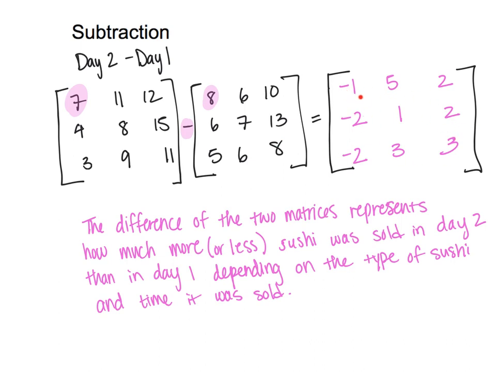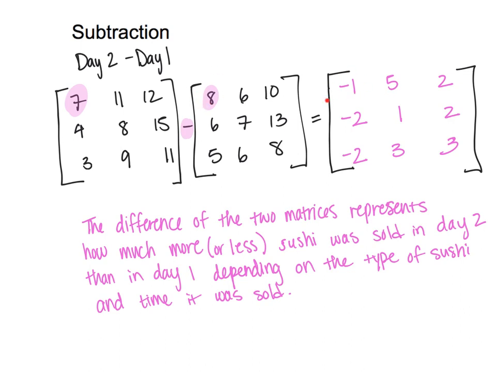So, for instance, remember, this column represents morning and this row represents California. So it looks like in the morning, day 2 sold 7 rolls, where day 1 sold 8 rolls for California in the morning. So that means that actually day 1 sold more.